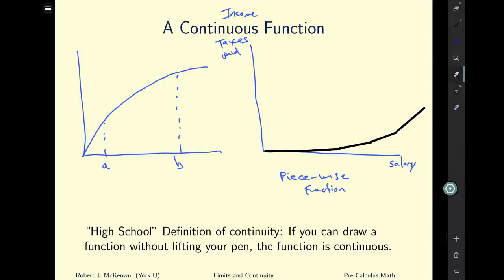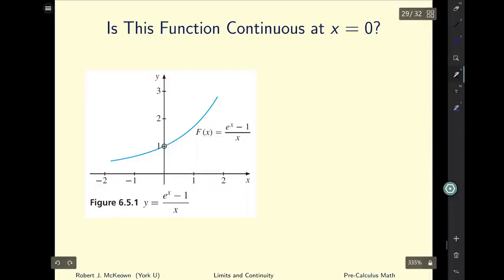Now let's move on to the next slide, and we can see here we've got a function we're already familiar with. So we looked at this, and we showed previously that if x is equal to 0, the limit as x approaches a of f of x is going to be equal to 1.